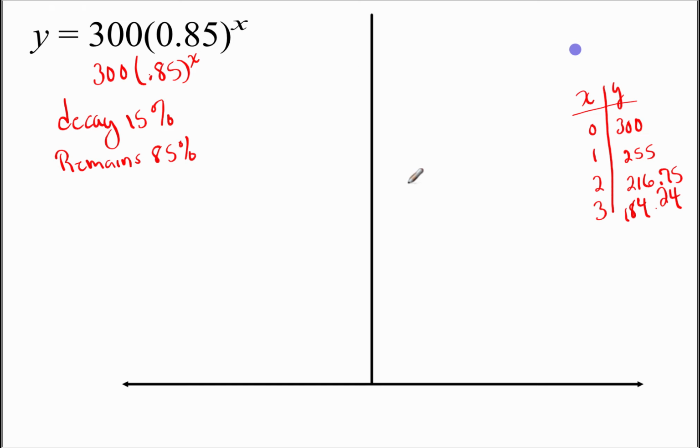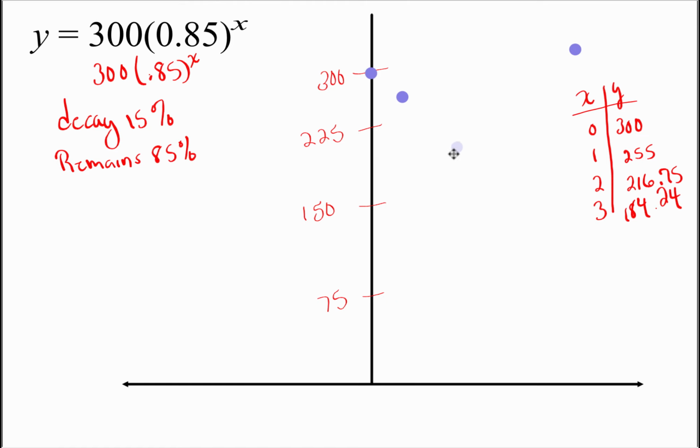So if you want to graph this, you're going to have to make a scale. I'm going to start here at 300. And then halfway in between is 150, half in between that is 75, and half in between here is 225. And if I were to graph this, okay, at 300, when I'm at 0, I'm at 300. When I'm at 1, I'm at 255. When I'm at 2, I'm at 216.